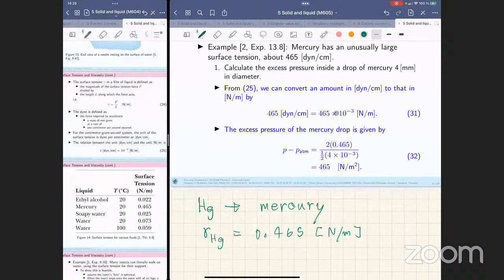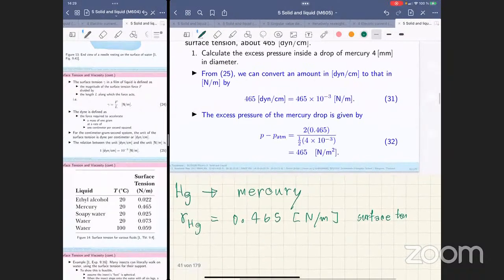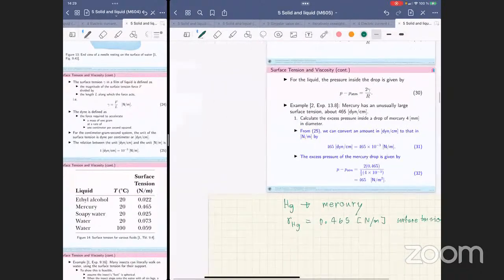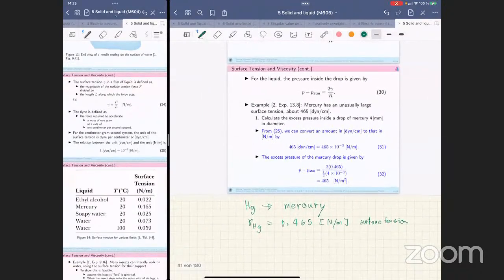Here is the surface tension. And what's next? The question is to calculate the excess pressure inside the drop.